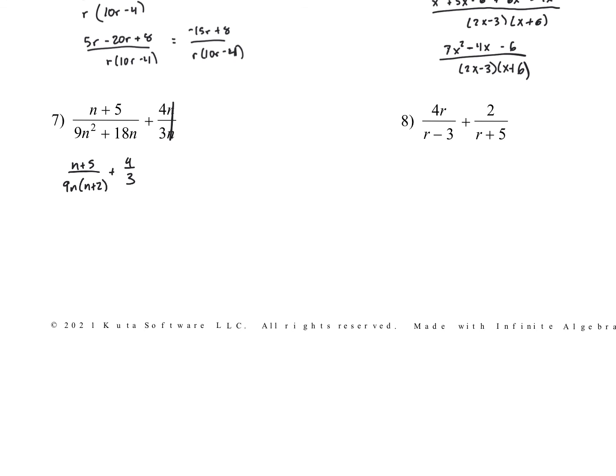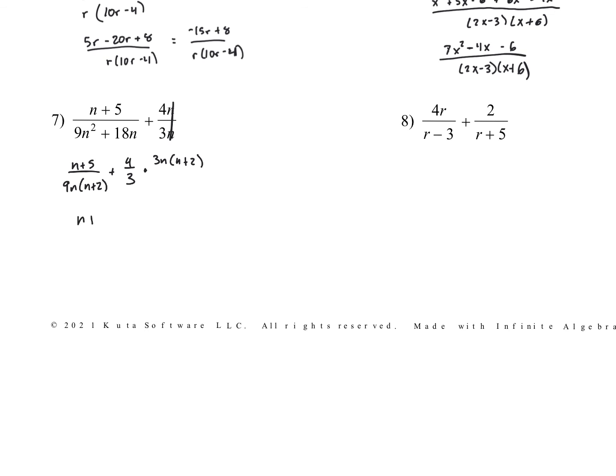Now, in order to get a common denominator, I need to have the same term in both denominators. As I'm looking, I see the 9 and the 3, which means I don't need to multiply anything to that first fraction. All I need is to multiply 3n, n plus 2 to this one. Because when I multiply 3 times 3n, n plus 2, I'm going to get 9n, n plus 2, and that'll be the same thing.